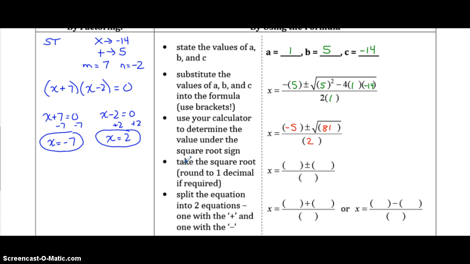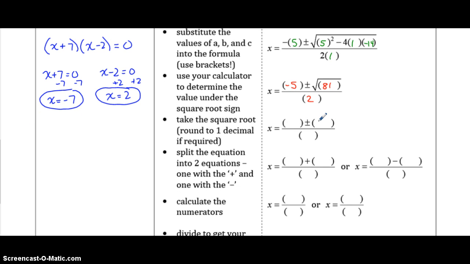The fourth step is to take the square root of this number, in which case square root of 81 is equal to 9. So we have negative 5 plus or minus 9 over 2. Now, if that is not a perfect square, for instance, let's say the number was 8, and you took the square root, you would get a decimal, and you would round it to 1 decimal place.